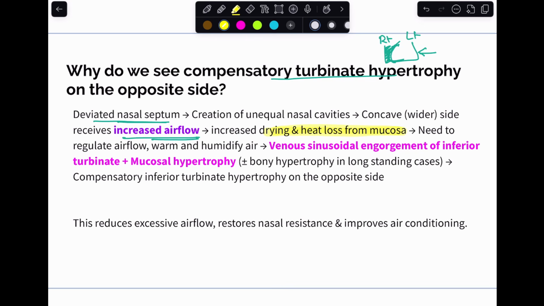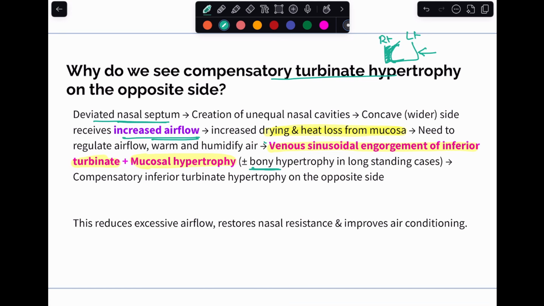Therefore, the need to regulate the airflow and warm and humidify the air, which are all functions of our nose, leads to venous sinusoidal engorgement of the inferior turbinate and a mucosal hypertrophy of these turbinates. Sometimes in very long-standing cases, you can even end up seeing bony hypertrophy.